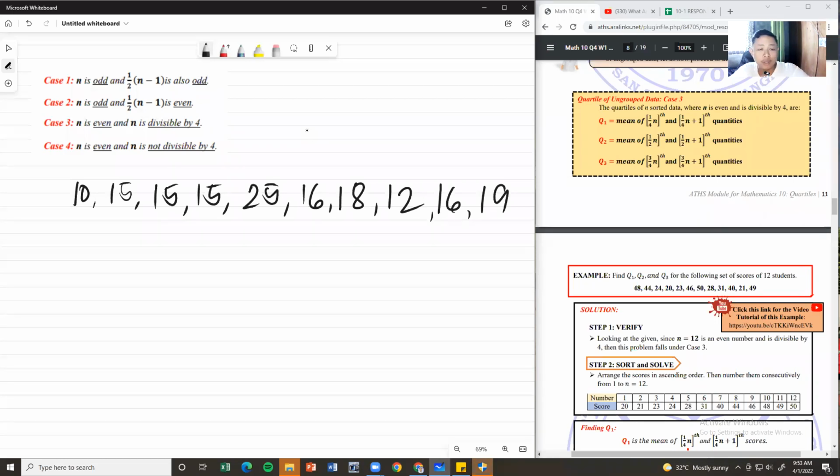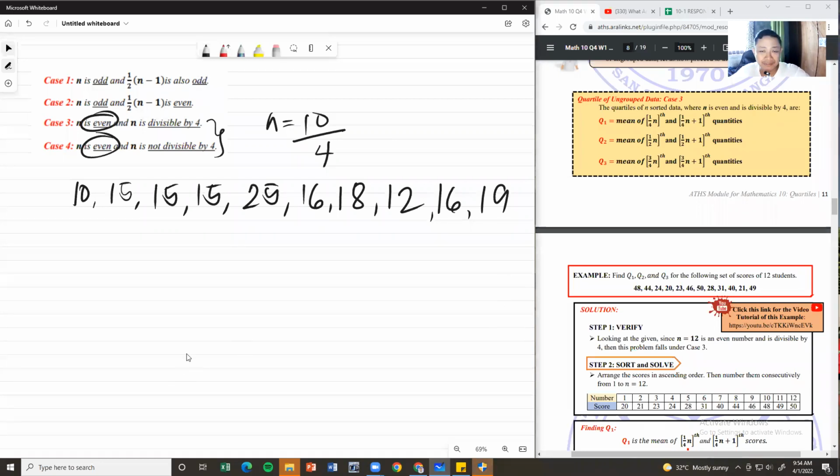Okay. So, what is our n? It's 10. So that's either case 3 or case 4. Now, this is our deciding factor. It should be divisible by 4 to make it a case 4. Is 10 divisible exactly by 4? Yes or no? Okay.